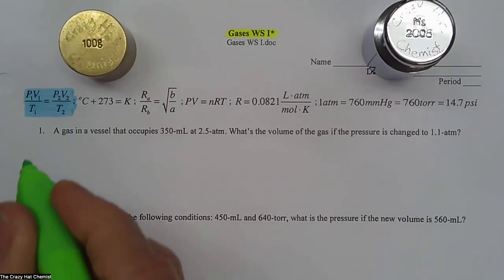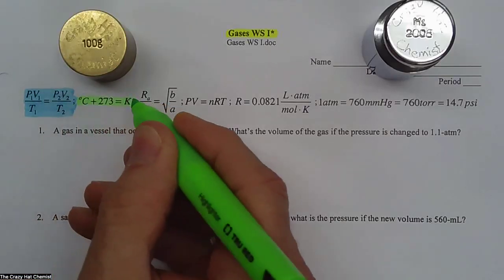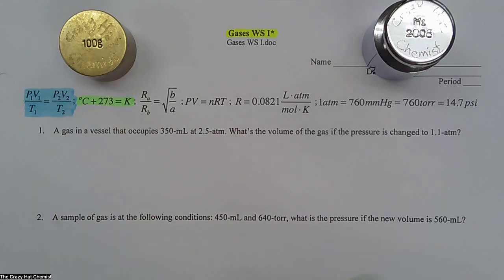Another item that we need is a temperature conversion, highlighted in green: degrees Celsius plus 273 is equal to the Kelvin temperature.